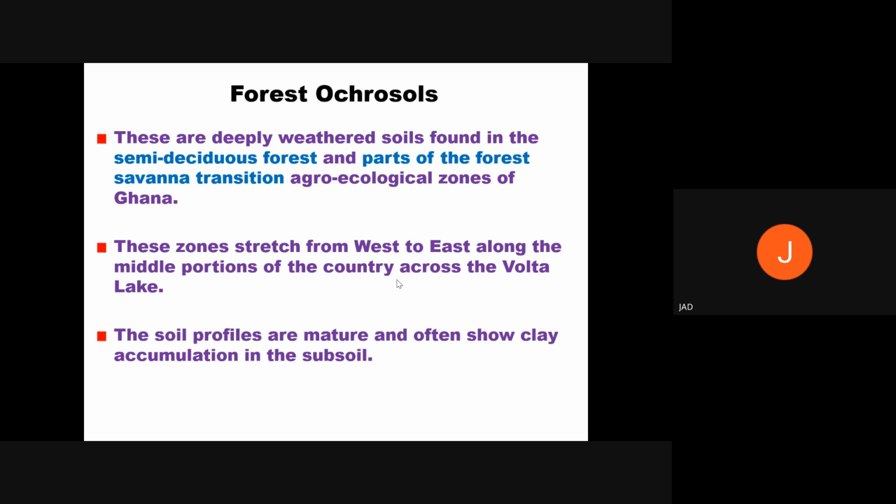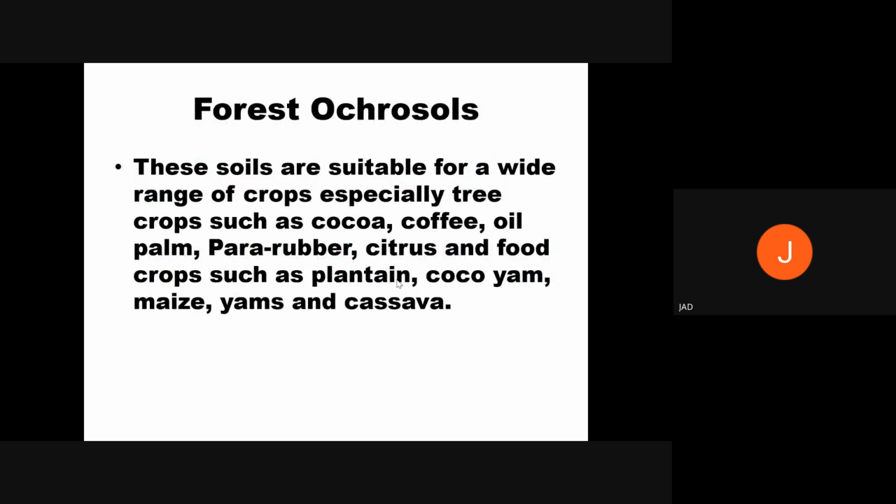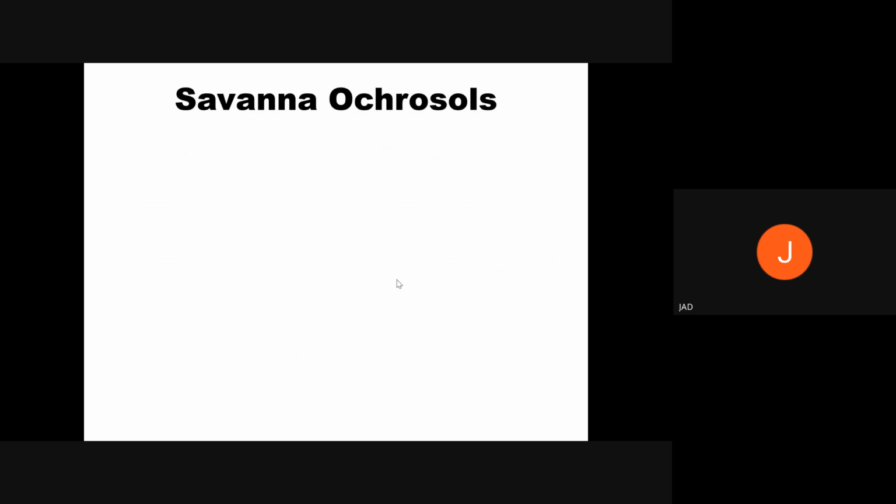The soil profiles are matured, meaning that you have a well-defined profile, often showing clay accumulation in the subsoil. They are suitable for what? Cocoa, coffee, oil palm, and then para rubber. Of course, plantation crop production. They are very suitable for those productions. They can also support yam, cassava, and maize.